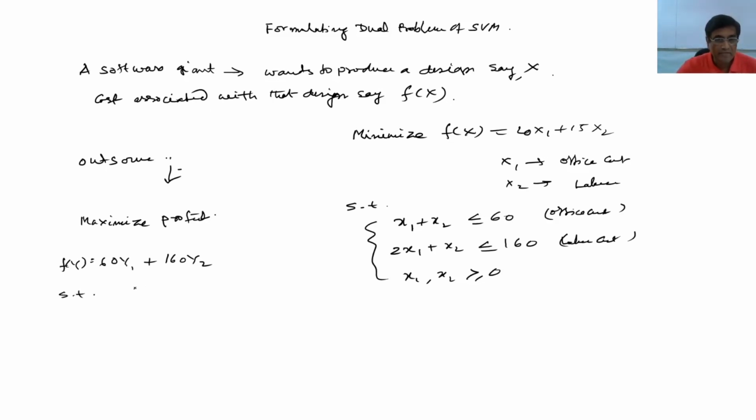They will also have constraints, right? They will have to pay the salaries of their people, okay? I am giving you a rough example to introduce you to the concept of the dual problem when it is a problem with constraints. When there is only a function, duality is very straightforward: minimization is replaced by maximization.